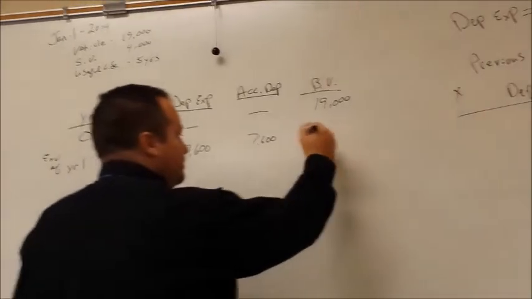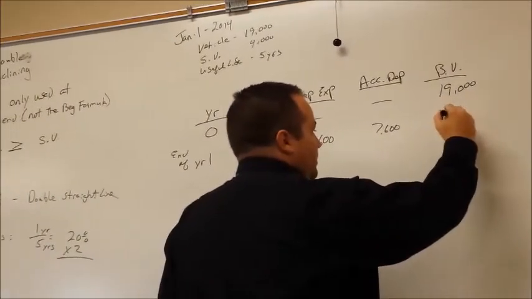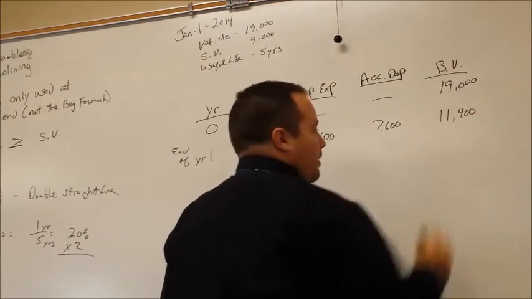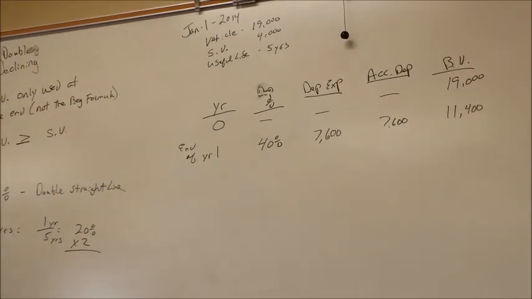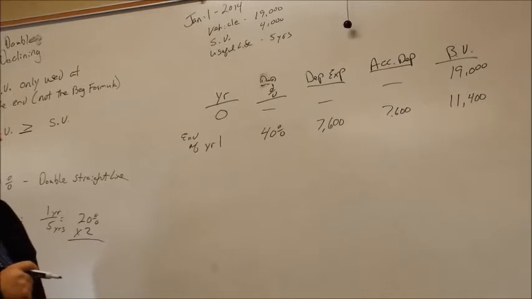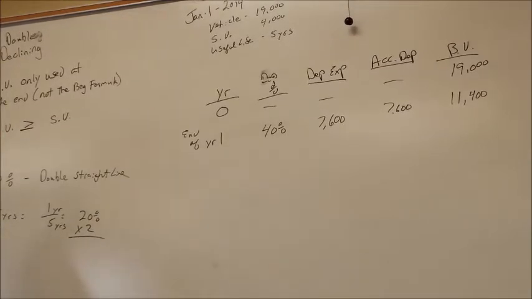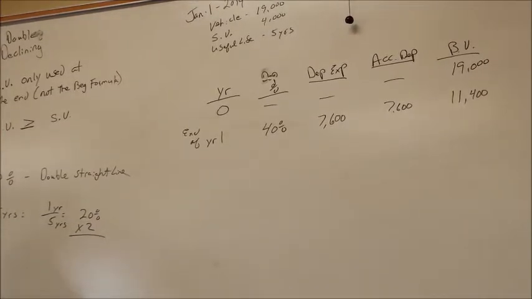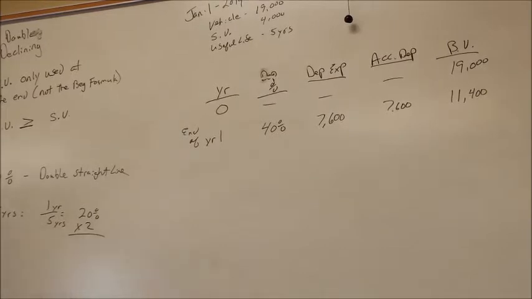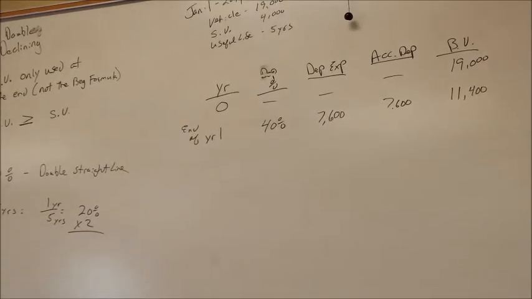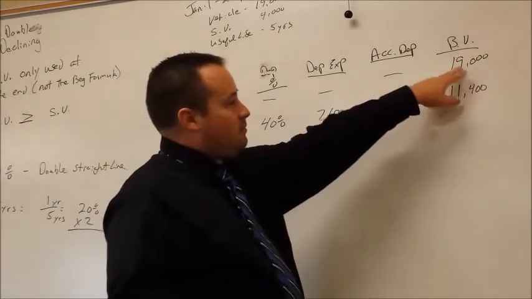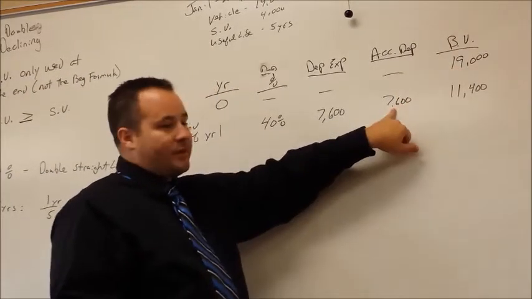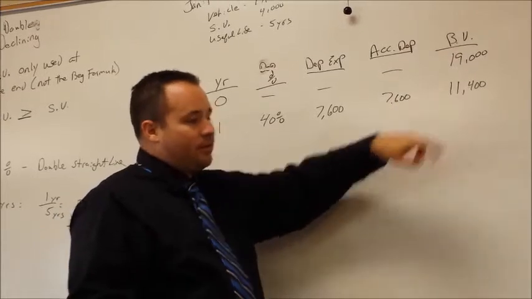Book value, 11,400. Again, I could have looked at the T account to get the book value. I could have said my price minus the accumulated depreciation total.